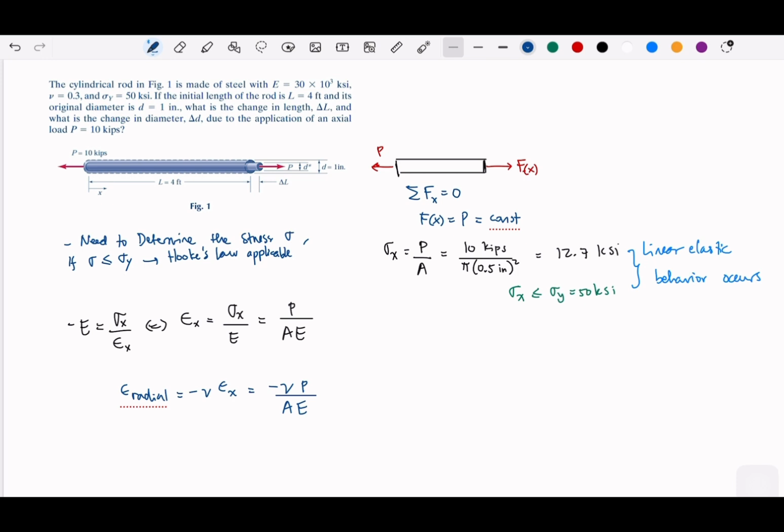So we get the strain radial. And then we get the displacement for the delta L. We can write from the strain, delta L over L, right? Or we could write the delta L as the strain in x multiplied with L.